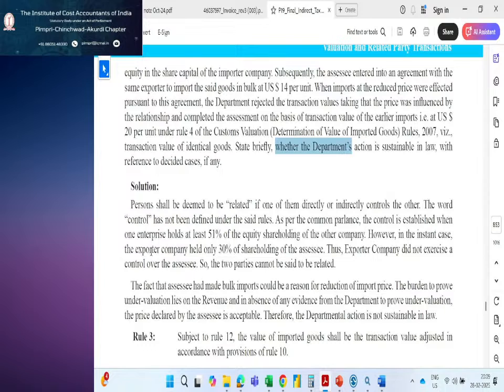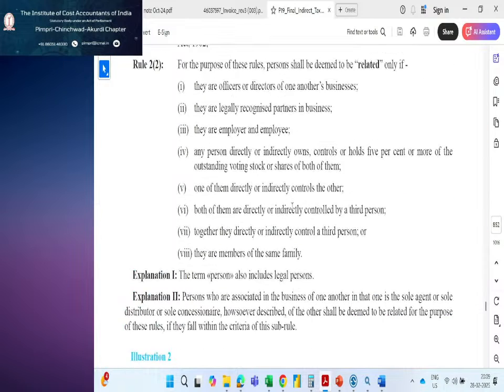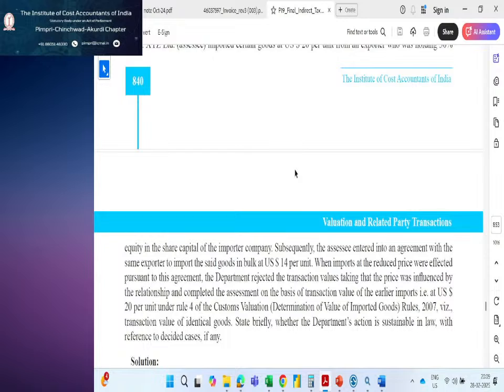In this case, the exporter company held only 30% of the shareholding, and did not exercise control over the assessee, and the two parties cannot be said to be related. So these three main things we need to understand from this related party definition. That's why even in GST we have seen who are called related persons. So what is the percentage? These things we need to understand.